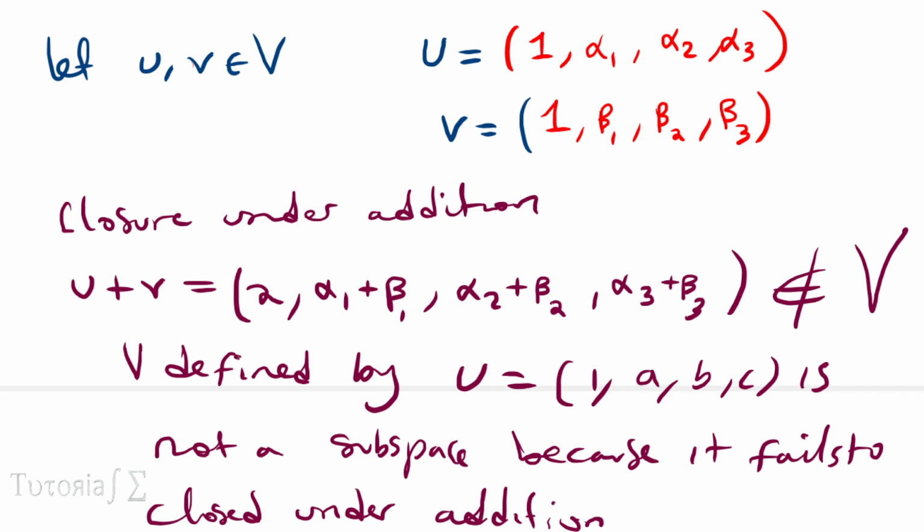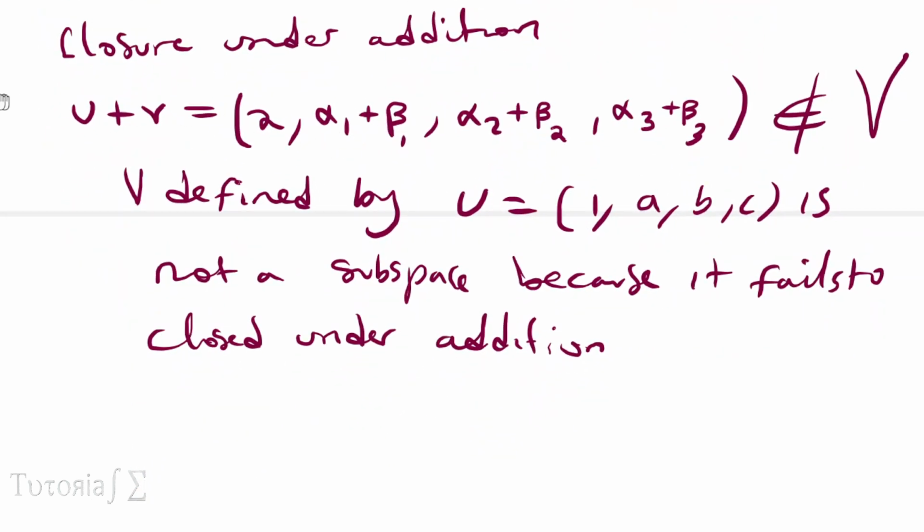If you even tried closure under multiplication, it might still pass, because when you multiply 1 times 1, it still remains 1. But even if it passes under multiplication, as long as it fails under addition, we conclude that it is not a subspace.